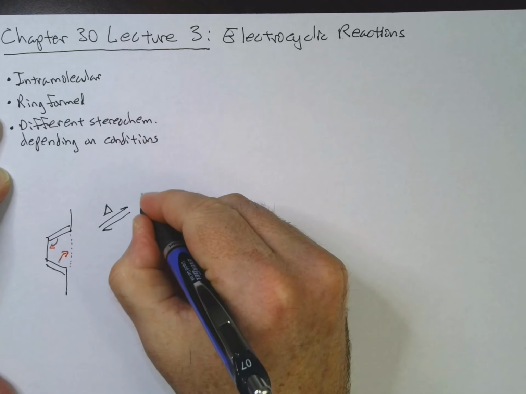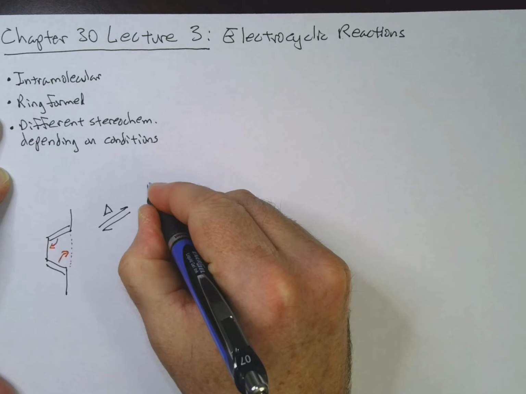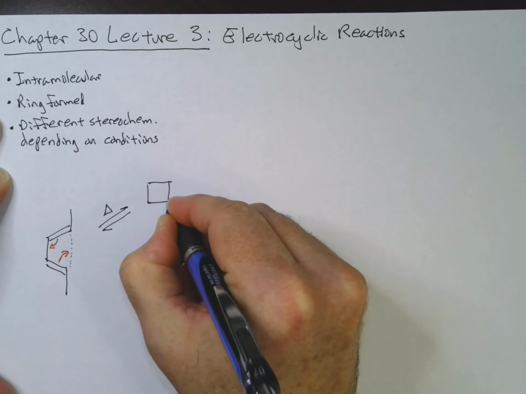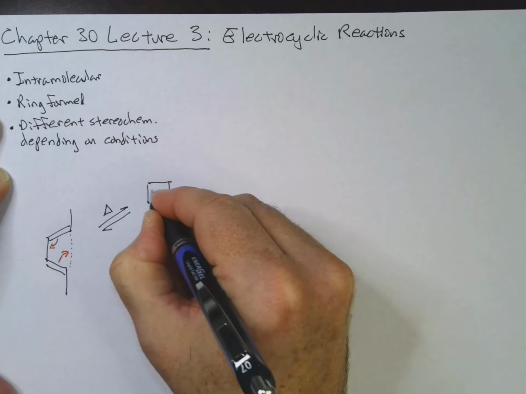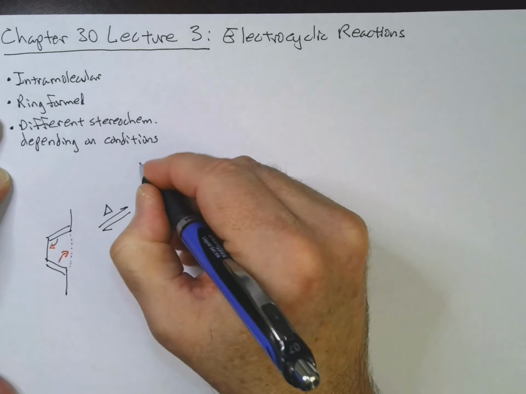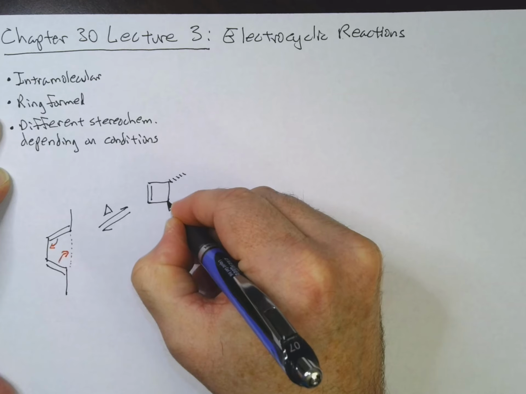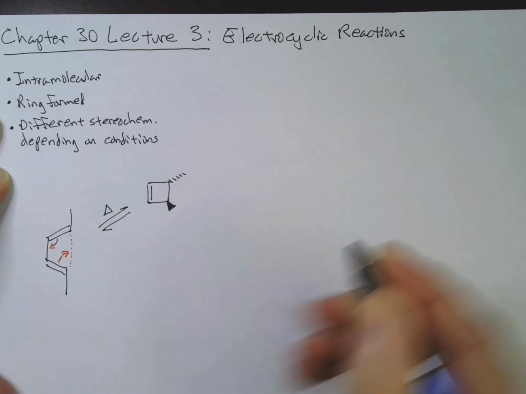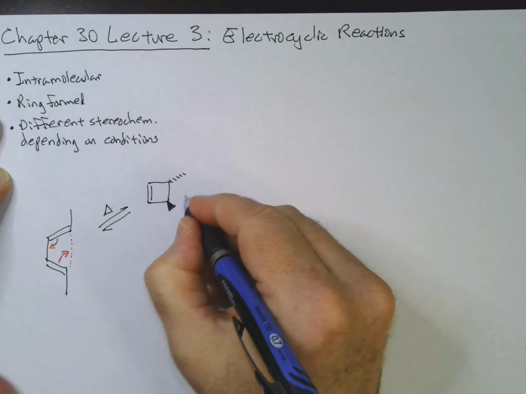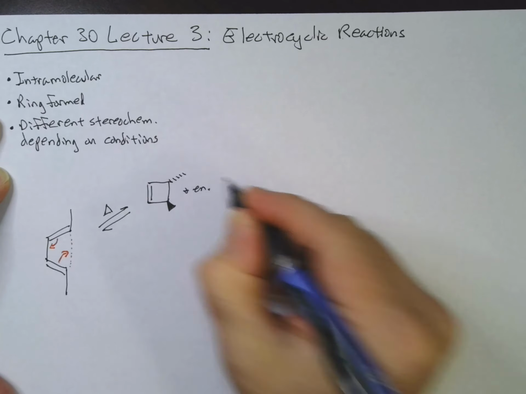And I get a four-membered ring now with a double bond there. And I get the trans product plus the enantiomer.